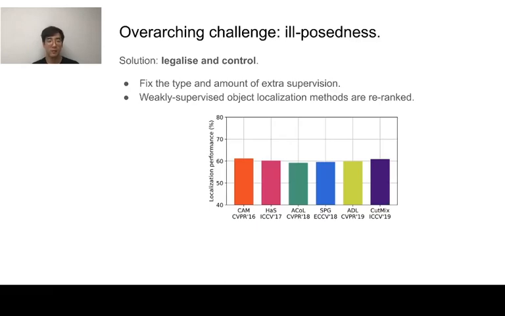So what we propose is to legalize the use of extra information, and then control it in the daylight. We fix the type and amount of extra supervision, and when we do this on weakly-supervised object localization methods and re-rank the methods of the past 4 years, as we can see in the plot here, we don't see any improvement in the last 4 years.